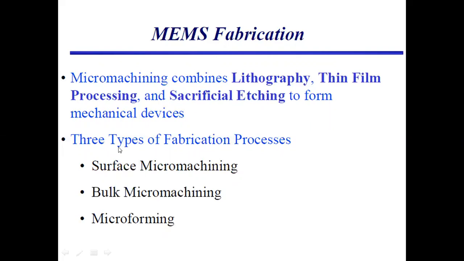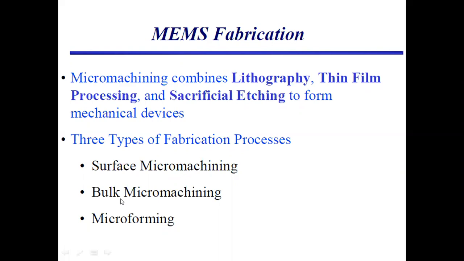So normally there are three types of fabrication processes involved with MEMS fabrication. Number one is surface micromachining, bulk micromachining, and microforming. Surface micromachining is the process in which we fabricate structures on the surface of the silicon wafer.